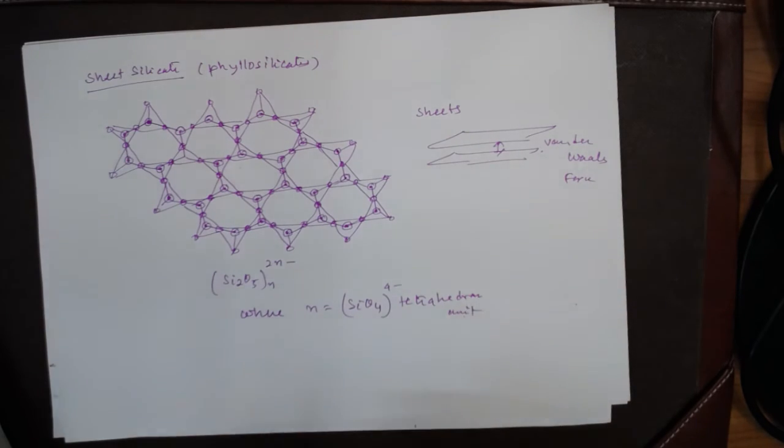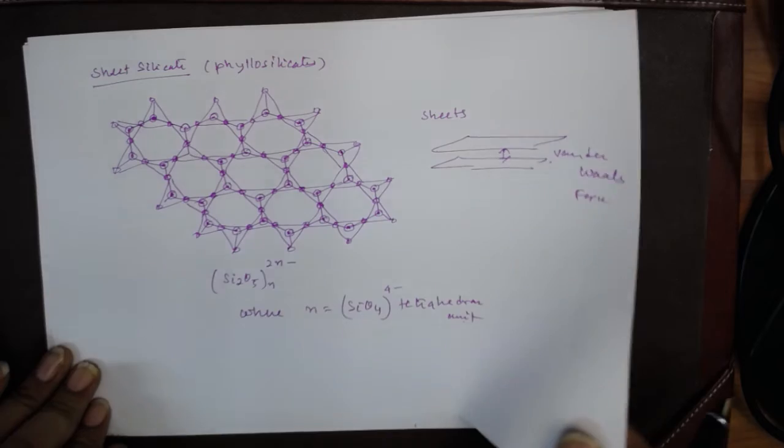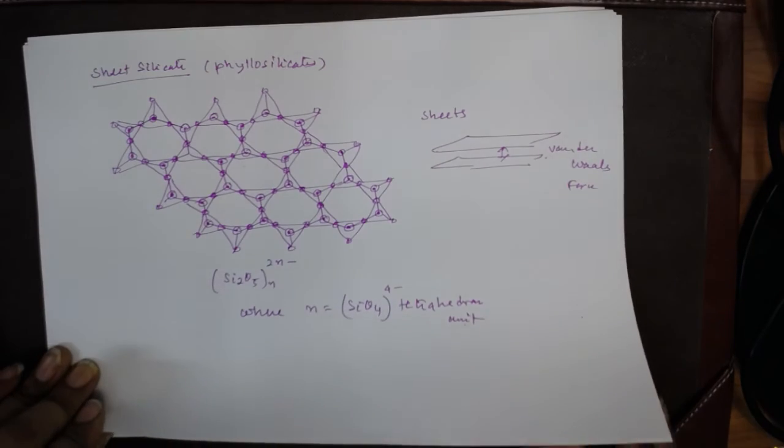And with that we have another type of silicate, that is called three-dimensional silicate. It's called a Tectosilicate, 3D silicate.